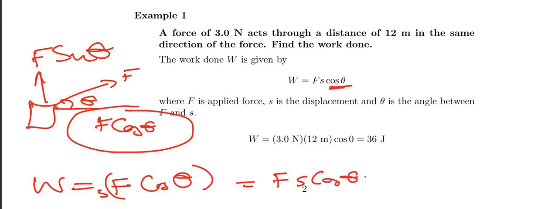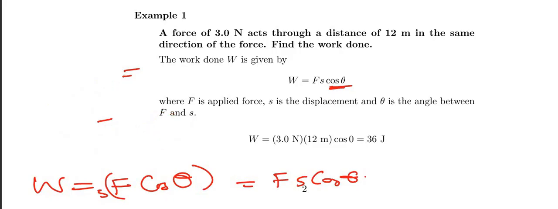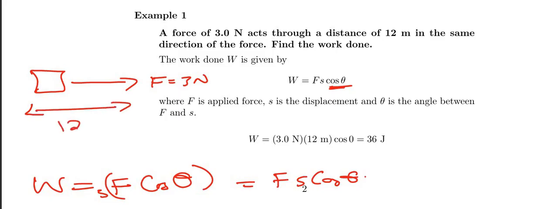Now it doesn't matter if the force is not related to any angle. If a force is already in the horizontal, the force here is 3 newtons. The distance we have moved is 12 meters, so here we'll just go direct.